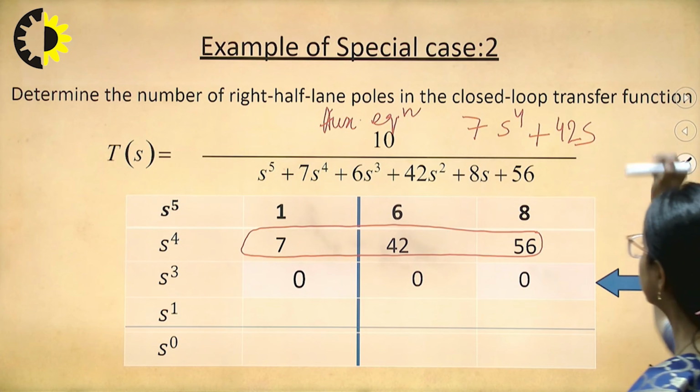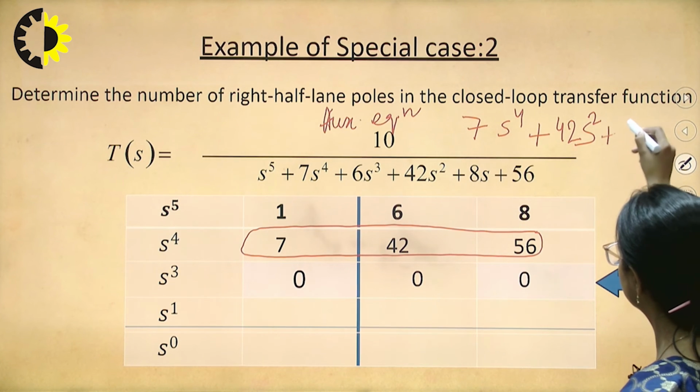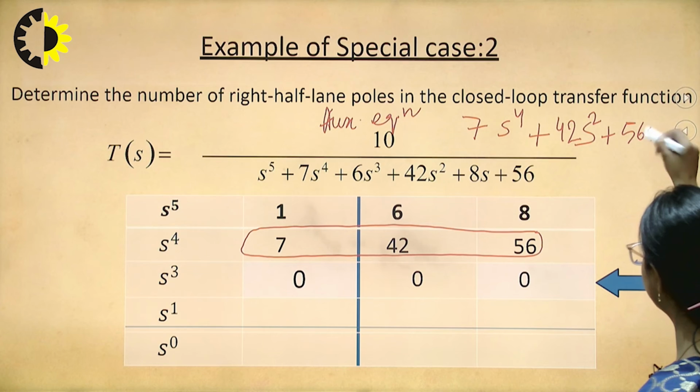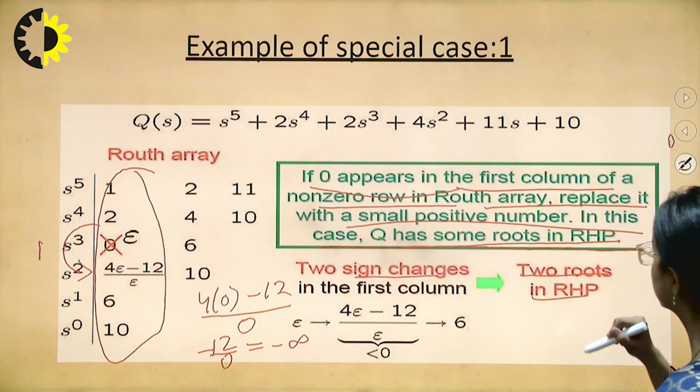So it will be 42 s raised to the power 2 plus 56 s raised to the power 0. We call it the auxiliary equation. We are making an auxiliary equation, and that is this polynomial.